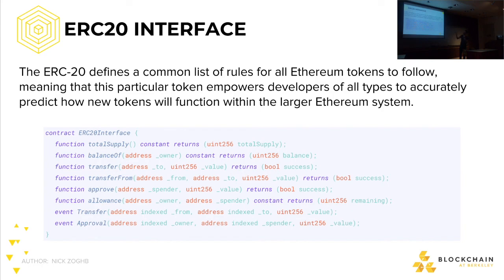What do you folks think is the difference between transfer and transfer from? Why is that necessary? Maybe transfer is whoever calls the function is assumed to be the sender, whereas transfer from you specify an address. Yeah, exactly right.